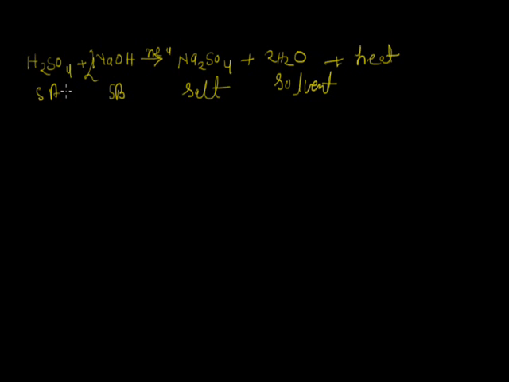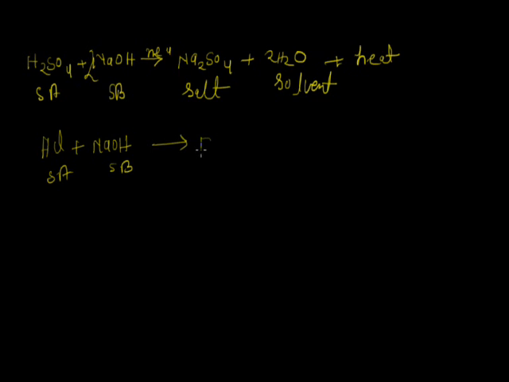If we have taken a strong acid and a strong base, then the amount of heat released per mole is fixed, that is 13.6 kilocalorie per mole. For example, 1 mole of HCl reacts with 1 mole of NaOH. HCl is a strong acid, NaOH is a strong base.